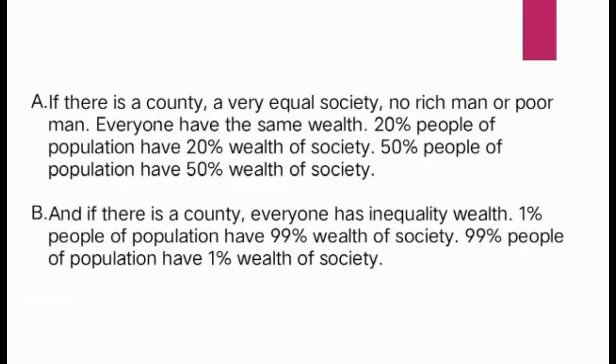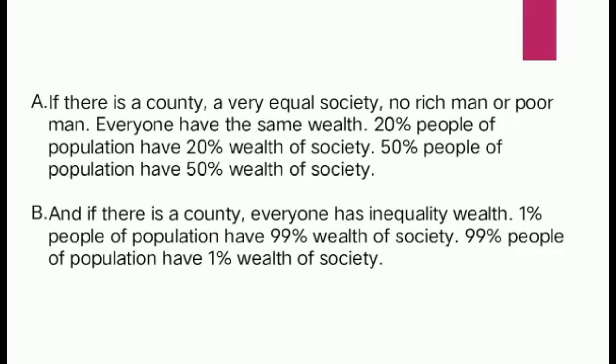The first example: if there is a country, a very equal society, no rich man or poor man, everyone has the same wealth. 20% of the population have 20% of the wealth of society. 50% of the population have 50% of the wealth of society. So here we can see that there is an equal rate in their population and the wealth.